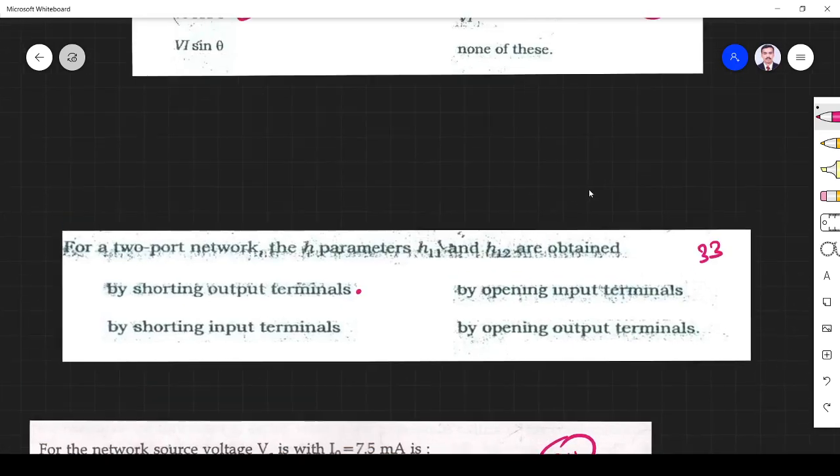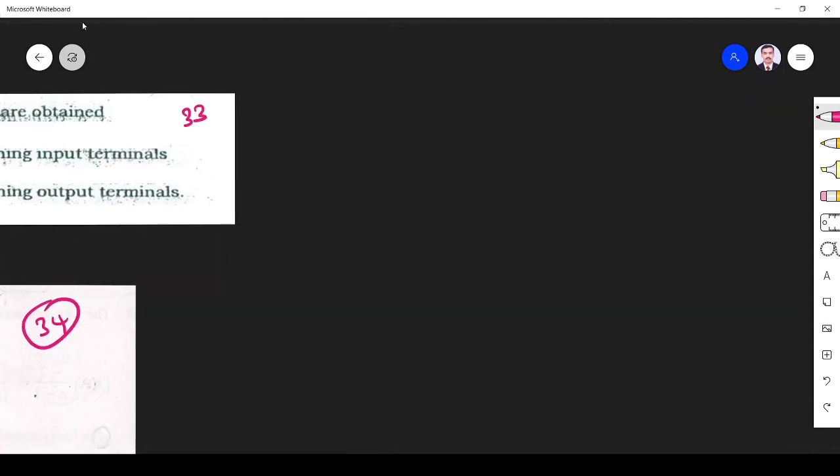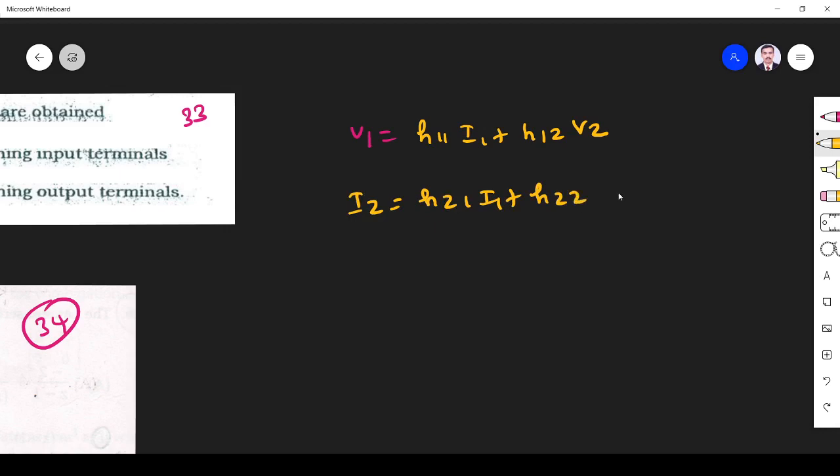Next one, question 35. For a two-port network, H parameters H11 and H12 are obtained. Let us see this question. We know the H parameter equations can be written as V1 is equal to H11 I1 plus H12 V2, and I2 is equal to H21 I1 plus H22 V2.